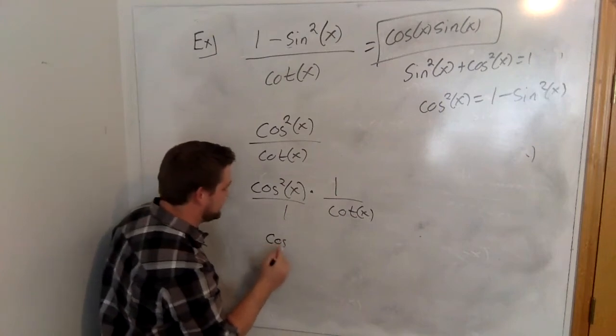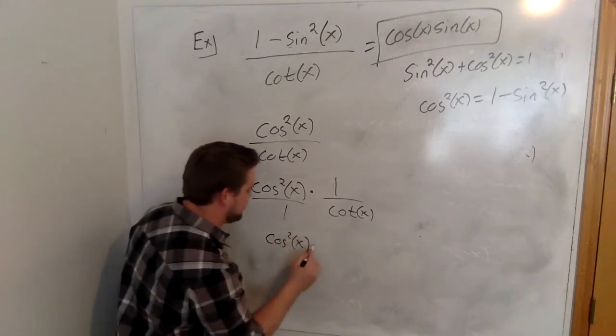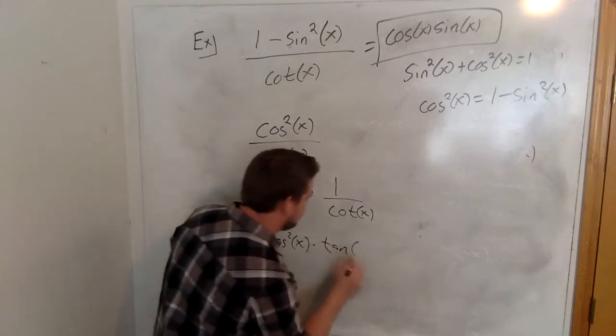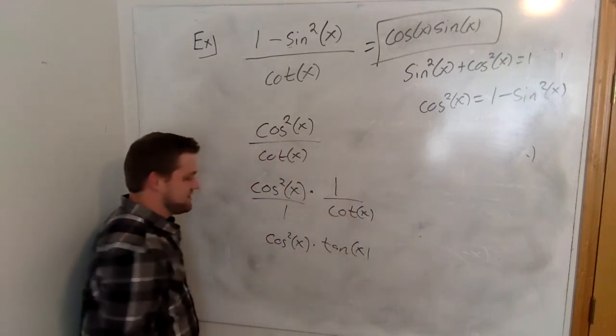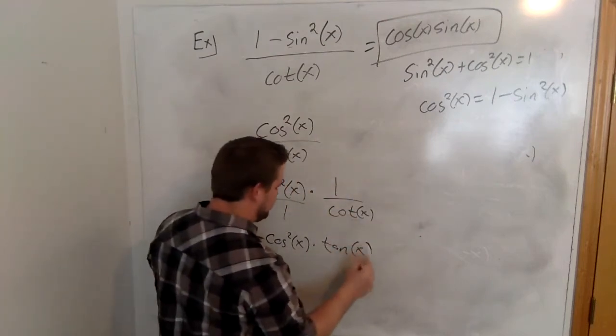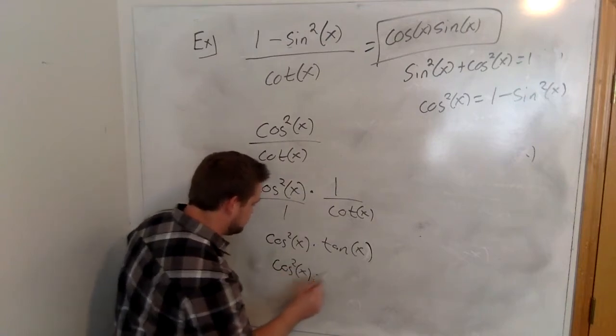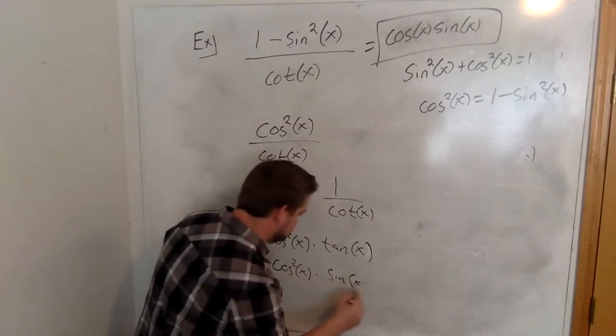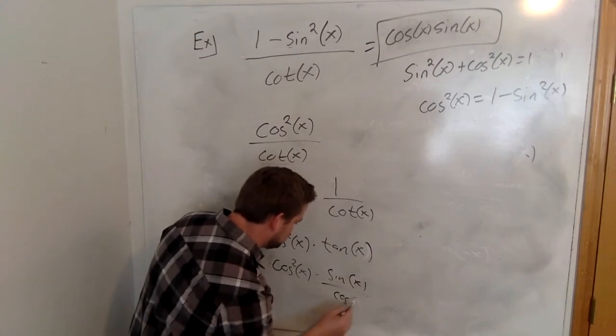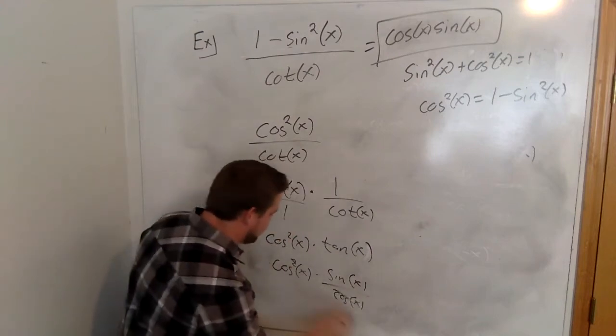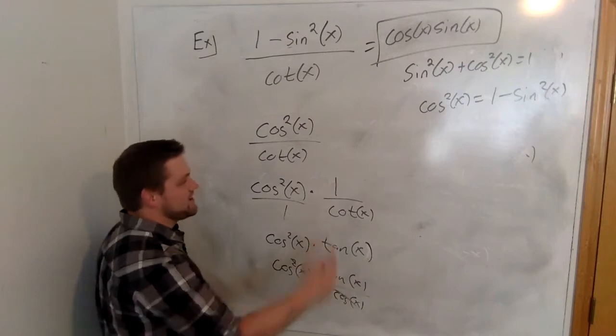This is the same thing as cosine squared of x times tangent of x, since 1 over cotangent is the same thing as tangent. But tangent is the same as sine over cosine. So I'm still going to get that cancellation, and we're still going to get cosine times sine.